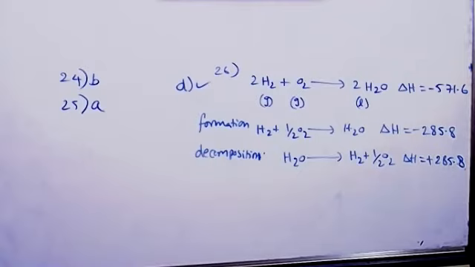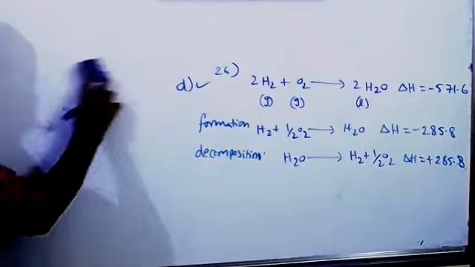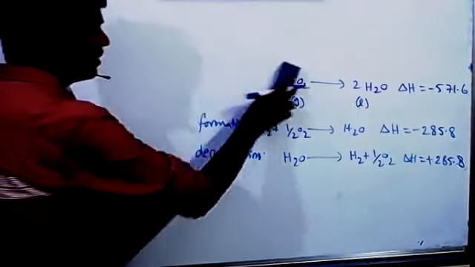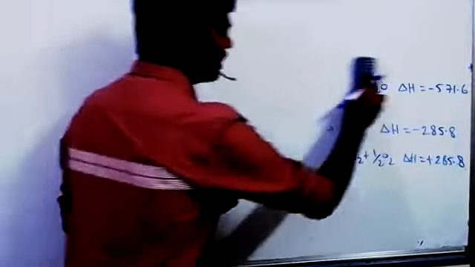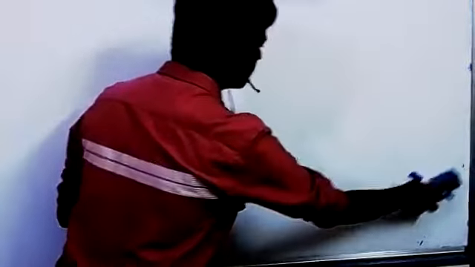We have to calculate the ratio of heat liberated by burning 1 kg of coke and by burning the water gas obtained from coke. On burning that water gas, how much heat is produced, and this ratio we need to find out.